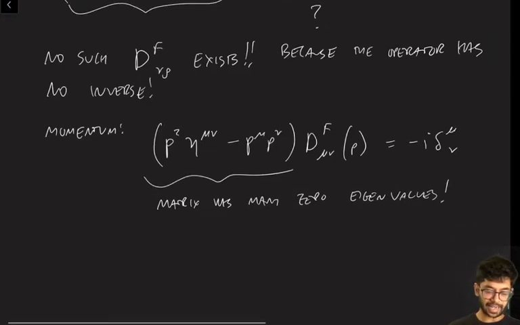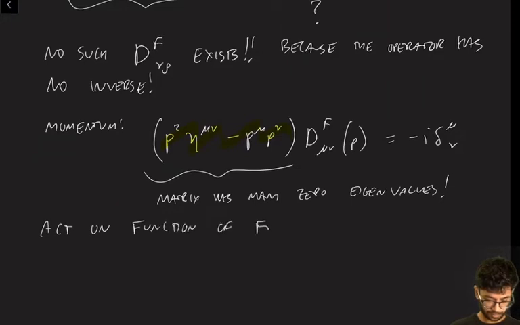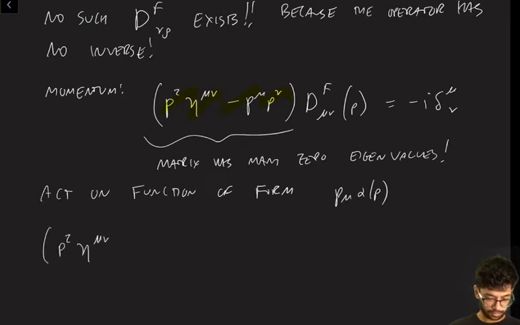To see that, let's act with this matrix, with this guy, on a function of the form p mu times alpha of p. Okay. So what happens if we do that? Where here alpha of p is any function of the momentum p. Let's just see what happens. So I'm going to act with this on p mu alpha of p.